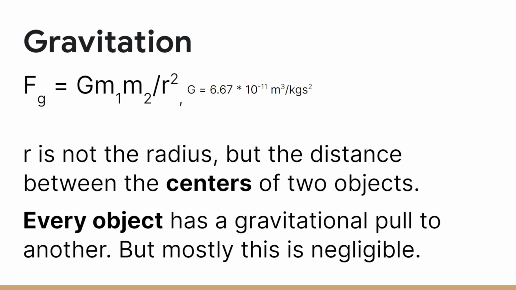You're not going to be instantly attracted to every object that you see on the ground or on the table. Most of these are really negligible simply because, as you can see from our formula, the value of big G is really, really small, meaning the force is really small. As a result, whatever acceleration the object is making you go to it with is also going to be really small.